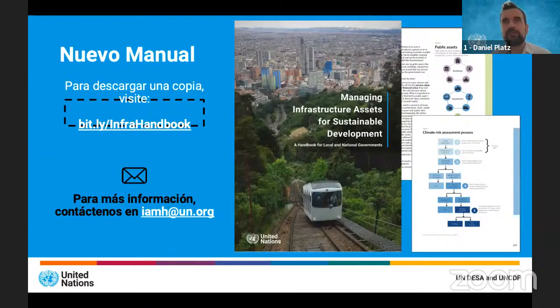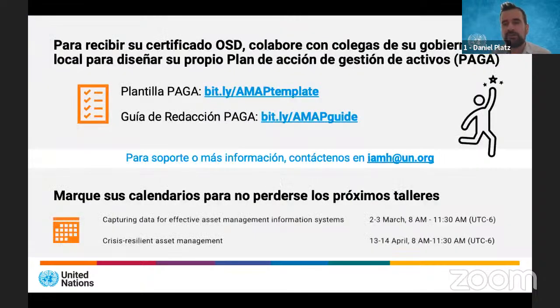Again, there's also the generic email address IAMH@un.org, which stands for Infrastructure Asset Management Handbook @un.org. All of these emails also go to me, to Fernando and Luis, of course, as well. So we are there to help you. Don't feel shy to contact us. We can help you with the AMAP. We can help you with the data exercise.